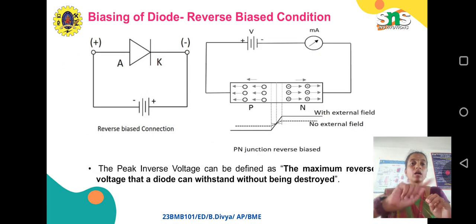Now the reverse bias condition: the cathode is connected to the positive terminal and the anode is connected to the negative terminal. In the forward bias condition, as the voltage increases, the current also increases.